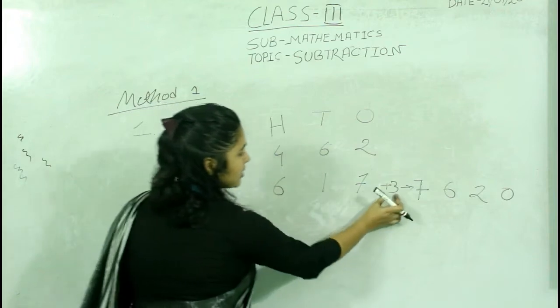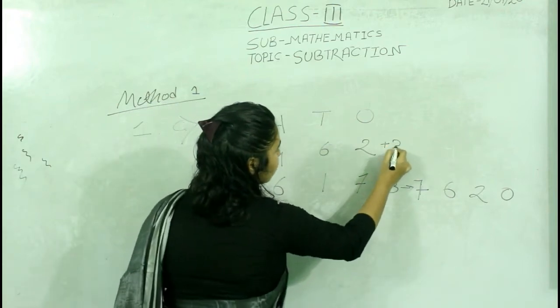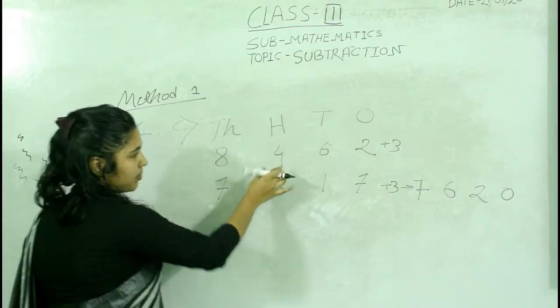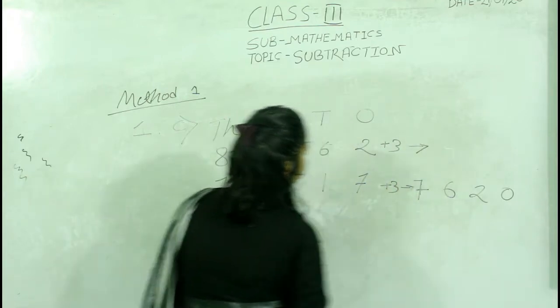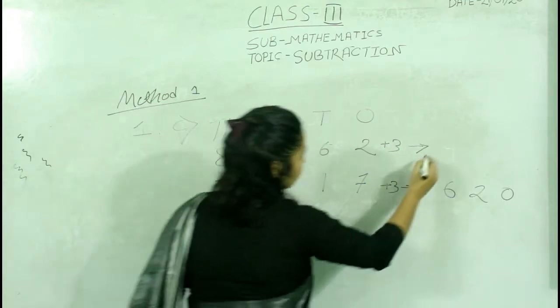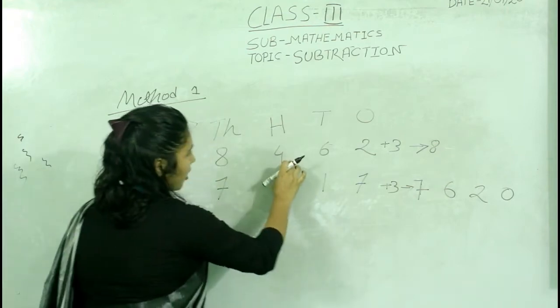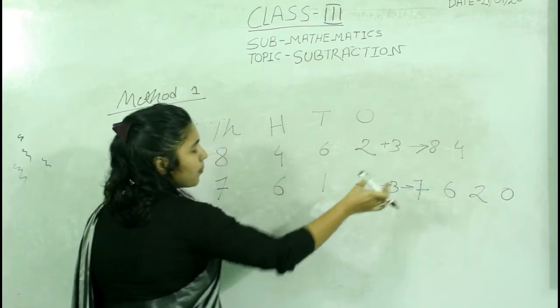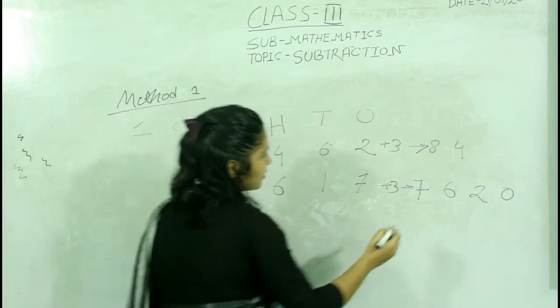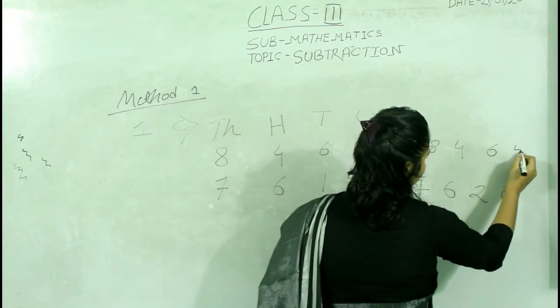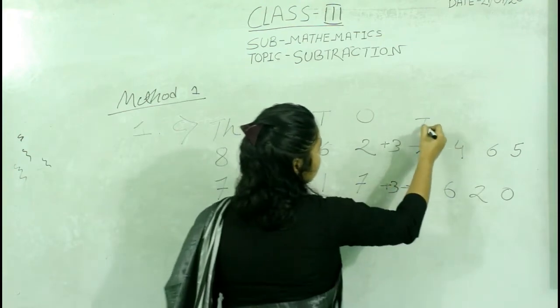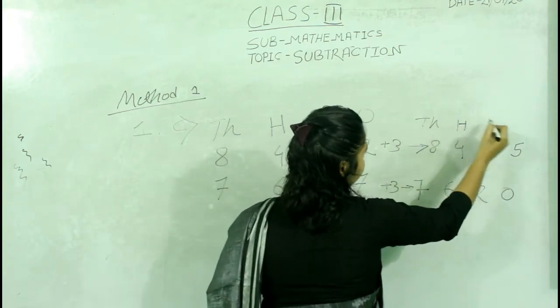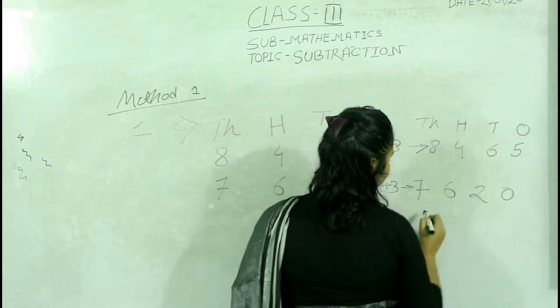Now add the same digit to the bigger number. 8462 plus 3 gives 8465. This is the thousands place, this is hundreds place, tens place, and this is ones place.